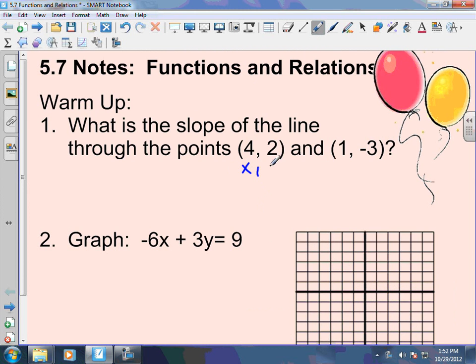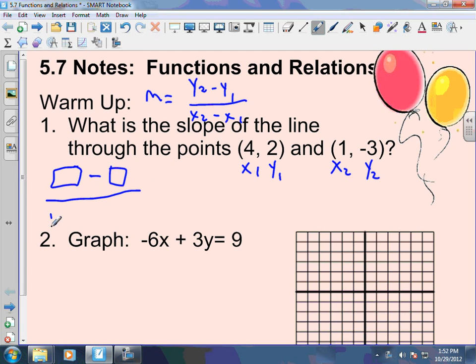Okay, this is x1, y1, x2, y2. The formula for finding slope is y2 minus y1 over x2 minus x1. So I make my boxes with the minus sign in between.